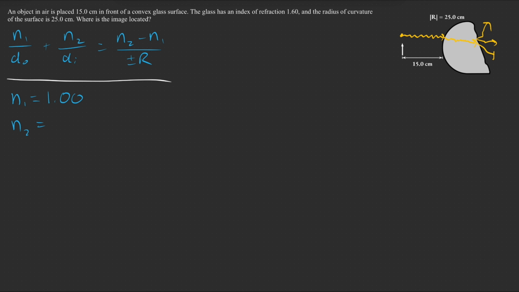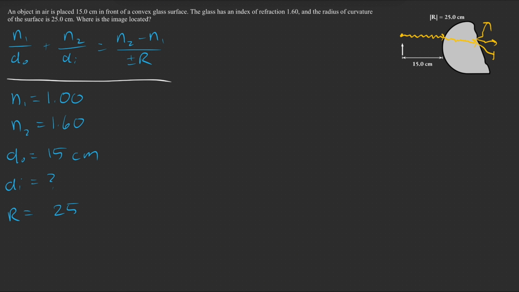Since it goes crazy at the very back, we're not going to count that. We're going to say just the spherical surface. So it ends in the glass, which has an index of refraction of 1.6. dO is how far it is from the refracting surface, which in our case is 15 centimeters. We don't know di. Now we know the value of R is 25, but what's the sign?